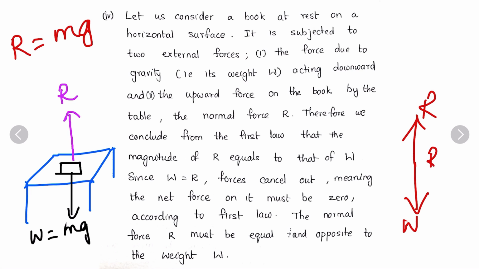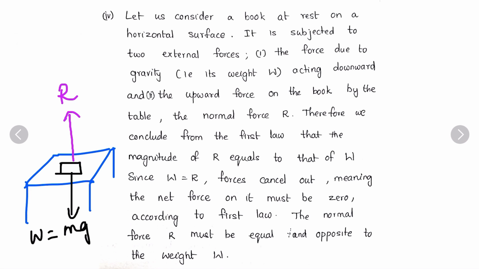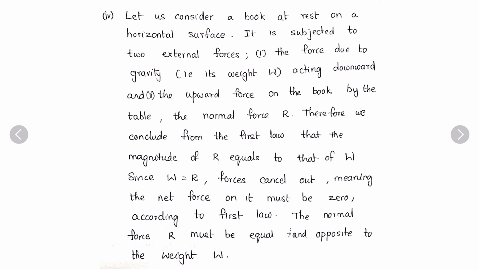In magnitude they are equal, in direction they are opposite to each other. In that case, we call it equilibrium, and the book is not moving in any direction. So this is another example of Newton's first law.